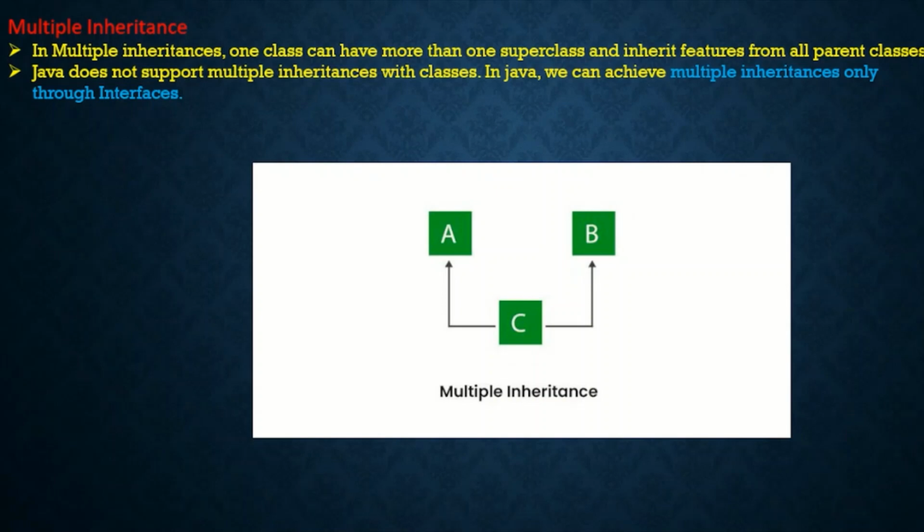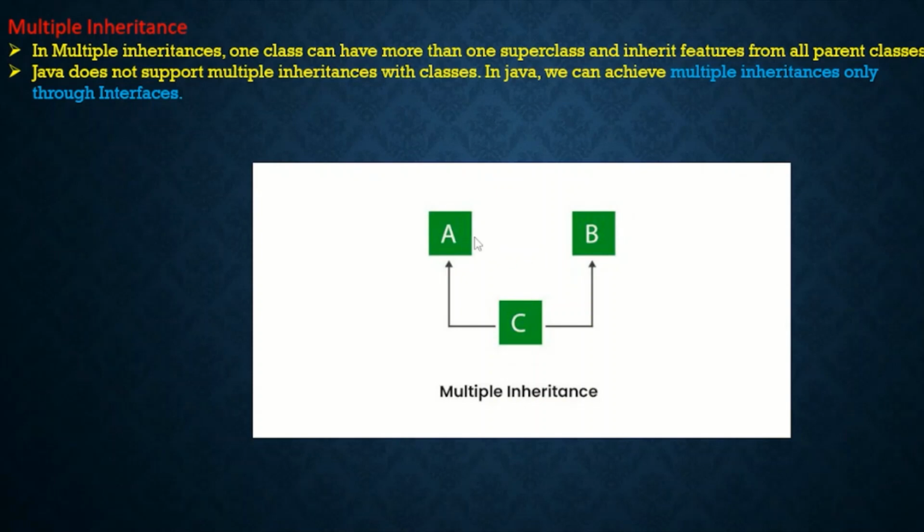Just understand, if this is the scenario, then we can say it is multiple inheritance. Let us consider A is an interface, B is another interface, and C is the implementation class. C is implementing A interface as well as B interface. So we can write C implements A, B.